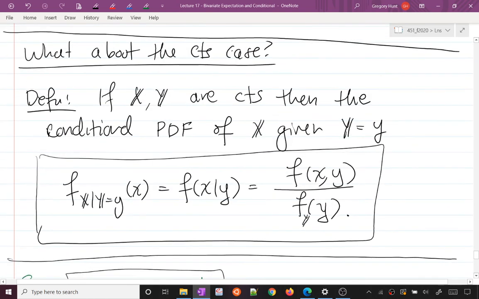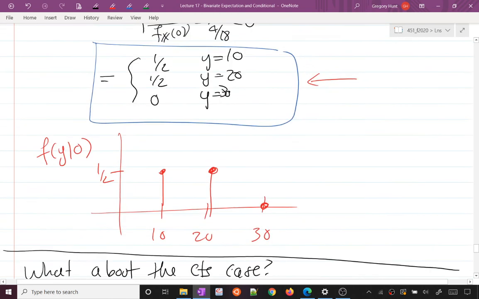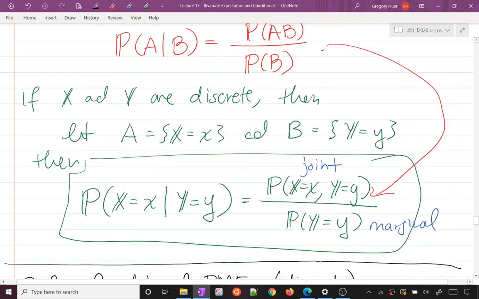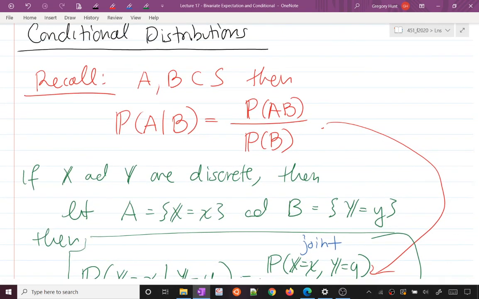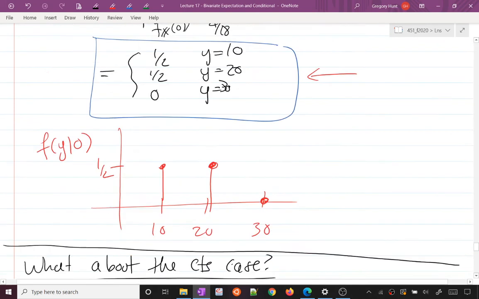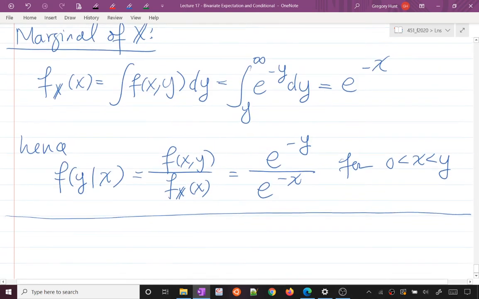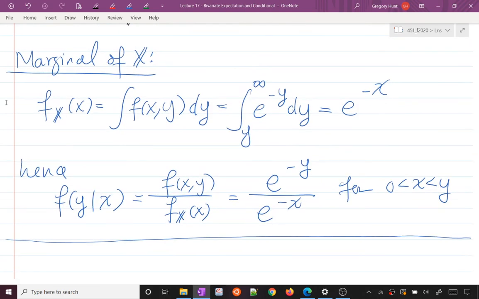And similarly, in the continuous case, we define the conditional PDF as the joint PDF over the marginal. So conditional of x given y is the joint of x and y over the marginal of y. And this is all kind of analogous to our original definition of conditional probability, which is the probability of the intersection, joint, over the probability of the conditioning event, marginal. And we looked at an example. Okay, so we'll stop there and we'll pick up here next time.